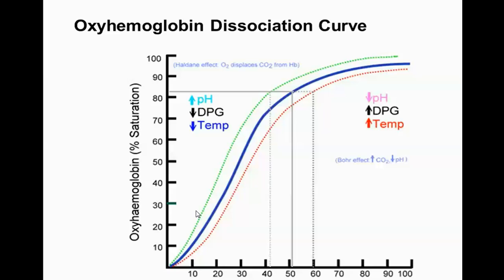What's the difference between fetal hemoglobin and adult hemoglobin? What's the difference between the chains in adult and fetal?